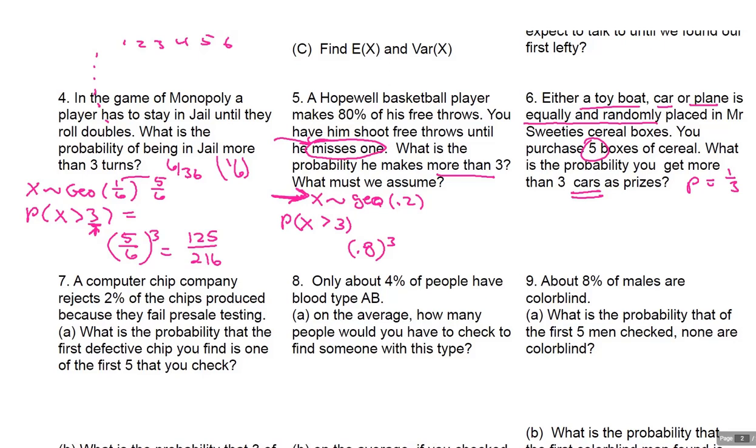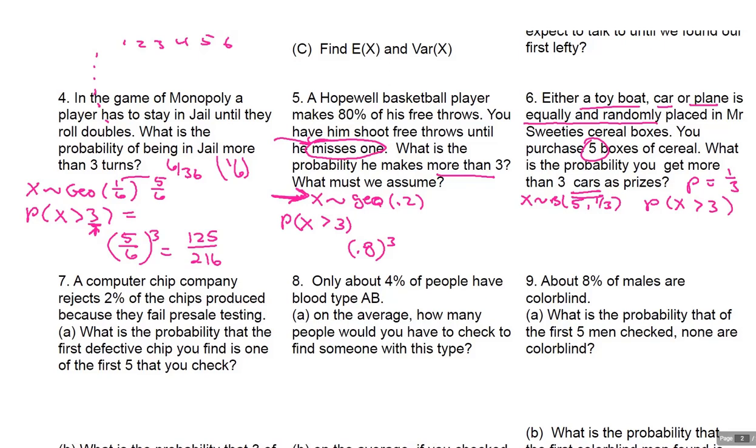So, this is a binomial distribution where the number of trials is what? 5. And the probability of success is 1/3. Now, I want to find the probability that x is greater than 3.